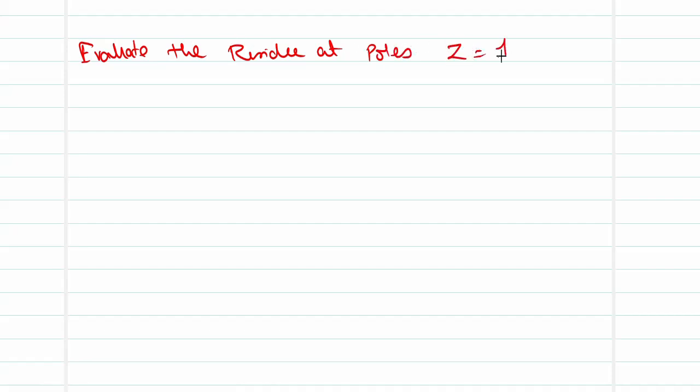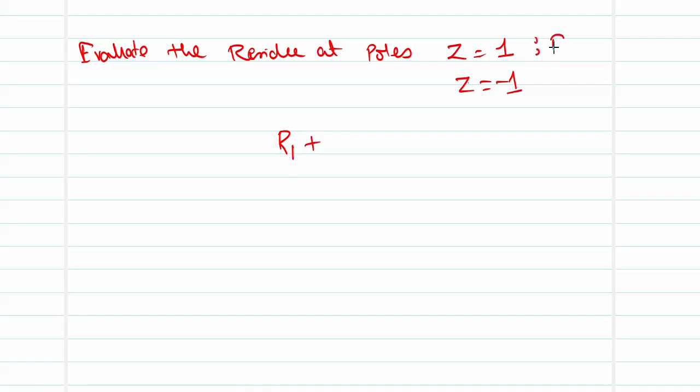Our next move is to evaluate the residue at the poles, which are z is equal to +1 and z is equal to -1. After evaluating the residues, what will we have to do? We will have to add the residues.